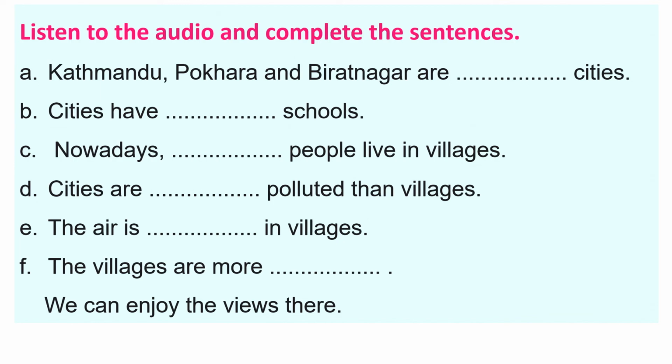However, there are many good things about village life. Cities are more polluted because of the big factories and vehicles, and they are more crowded. The air is cleaner in the villages. The villages are more beautiful. We can enjoy the view of the sunrise and sunset every day.